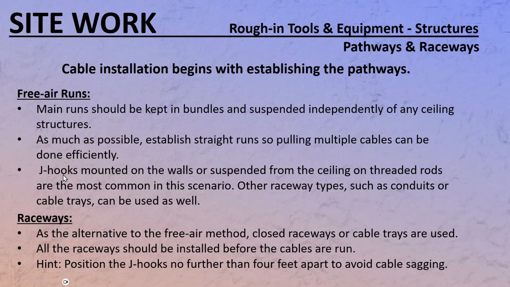Now, J-hooks mounted on the walls or suspended from the ceiling on threaded rods. I'll tell you, the threaded rods are the most common in this scenario. However, it depends on the situation. Sometimes you're going to have established raceway, like a cable tray or conduits.